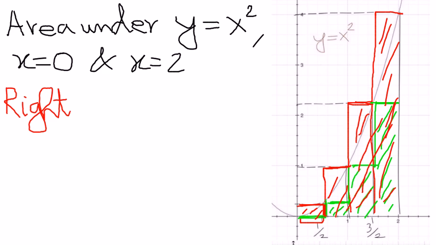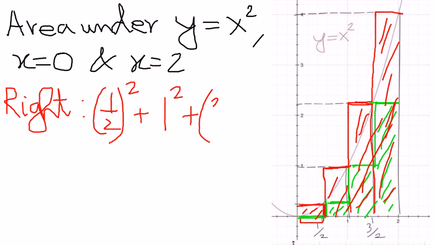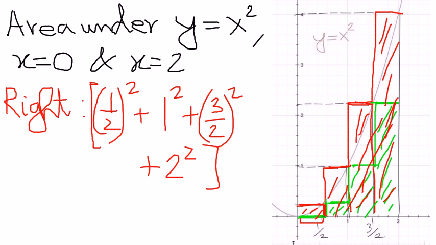So here in the right case, the area that we approximated is 1 half squared plus 1 squared plus 3 halves squared plus 2 squared, and the whole thing multiplied with the length of this interval, which is 1 half.